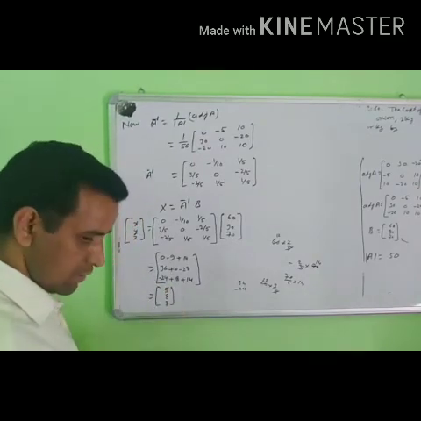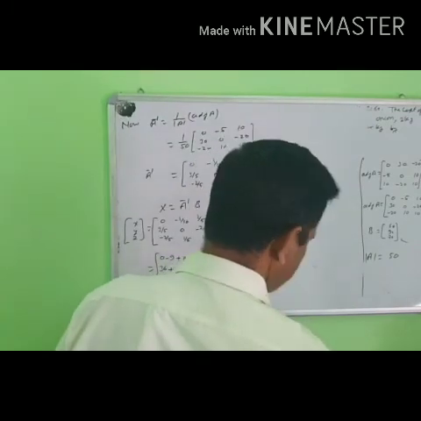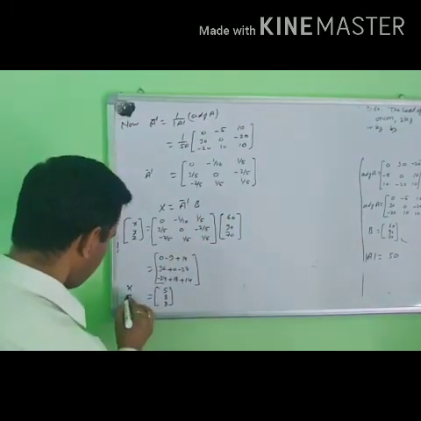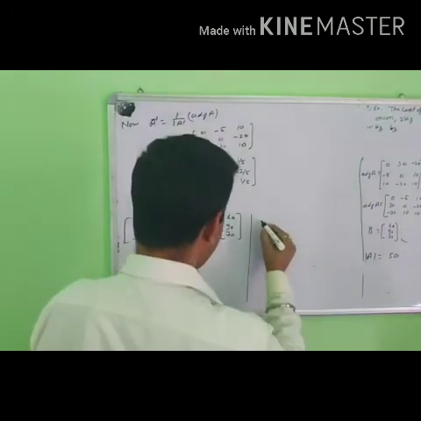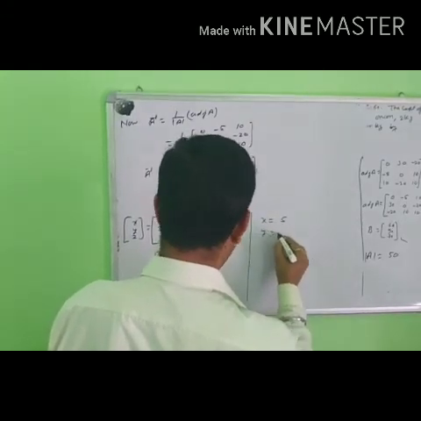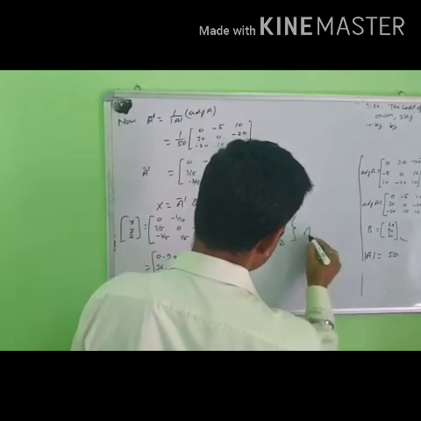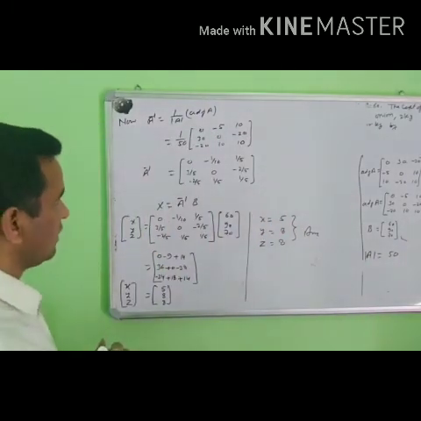Now equating these values, the matrix is x, y, z. So x equals 5, y equals 8, and z equals 8. This is your answer, and you can easily check it in the equation.